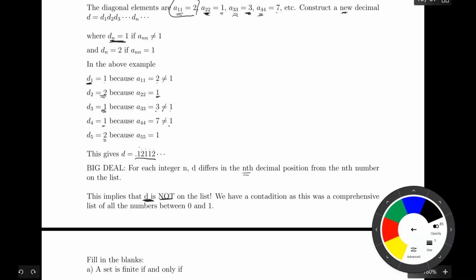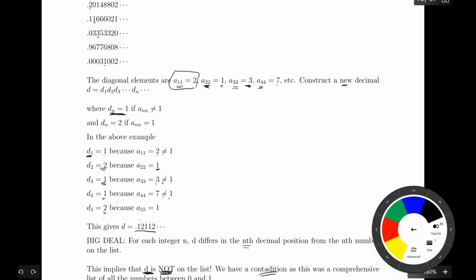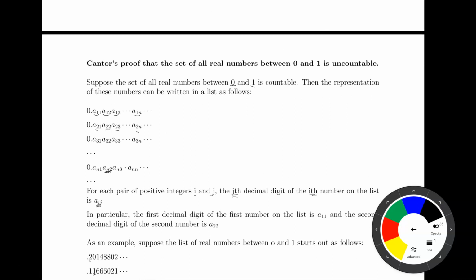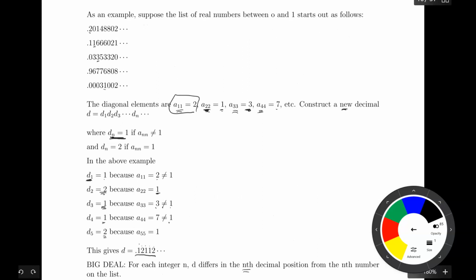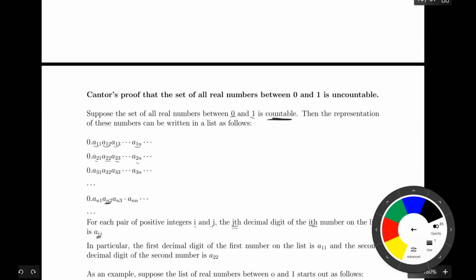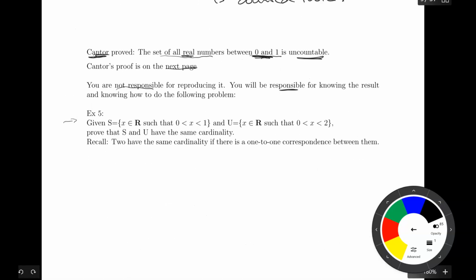So D is not on the list, so I don't have a comprehensive list, so it's a contradiction, because what I was assuming was that I can write out all the numbers, that they are countable. So he was creative and he found one that's not on the list. Contradiction. So we cannot count all the real numbers between 0 and 1. Make sure you say that correctly.